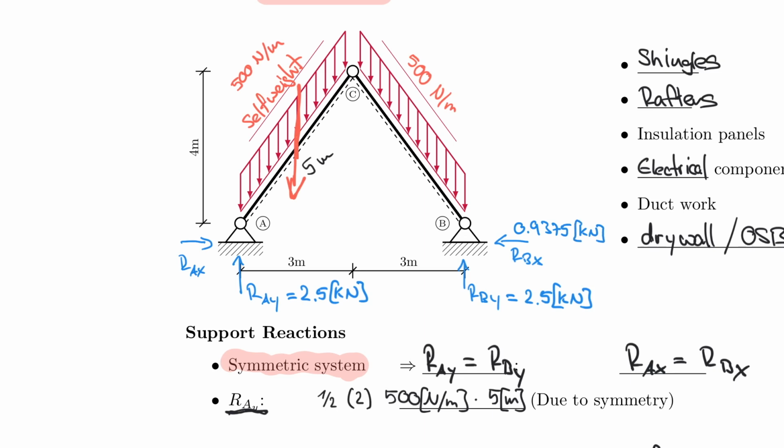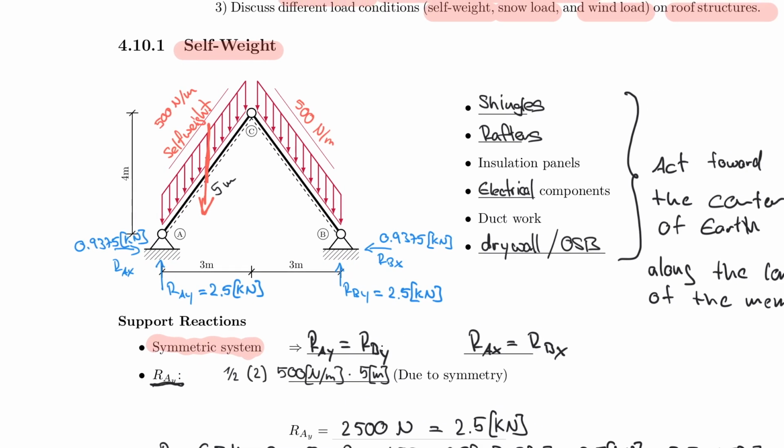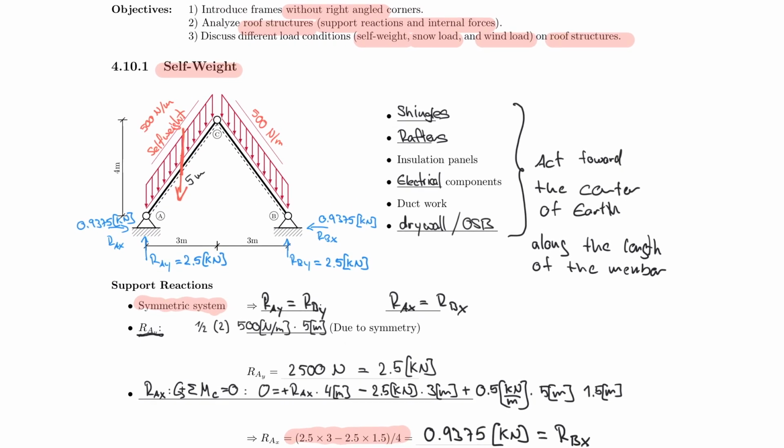And the same is true here, 0.9375 kilonewton. And so I now calculated my support reactions for self-weight of a non-rectangular frame. And that is the first step towards calculating internal forces.